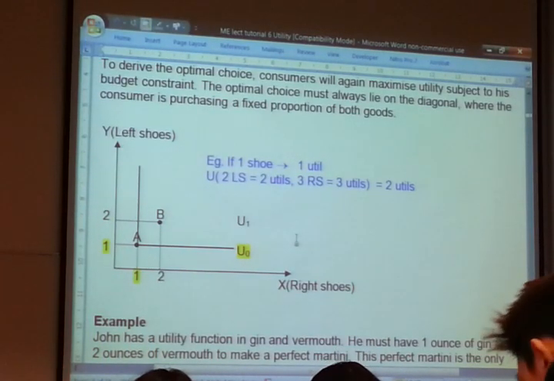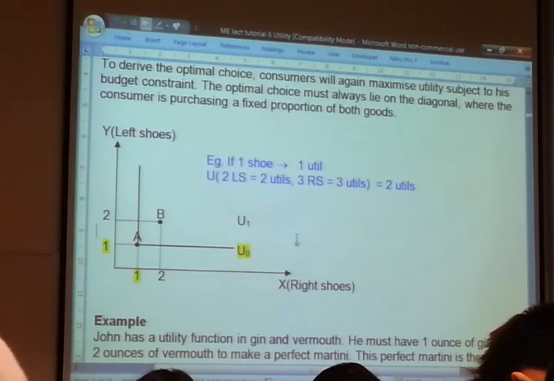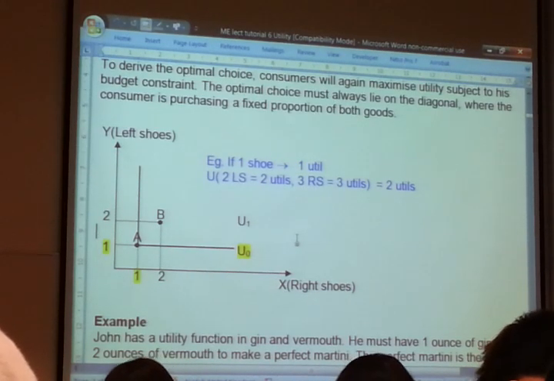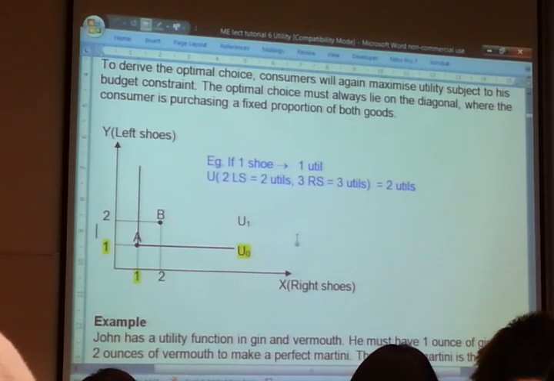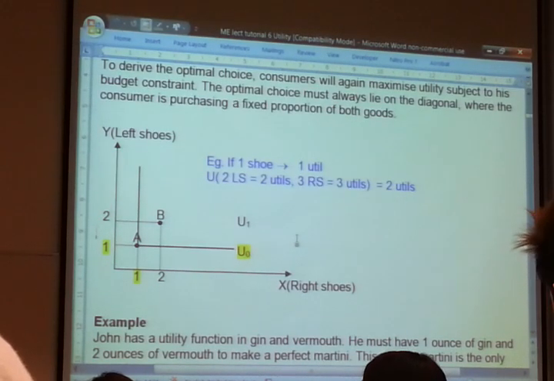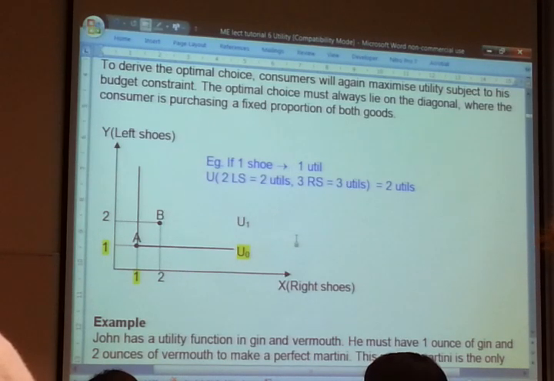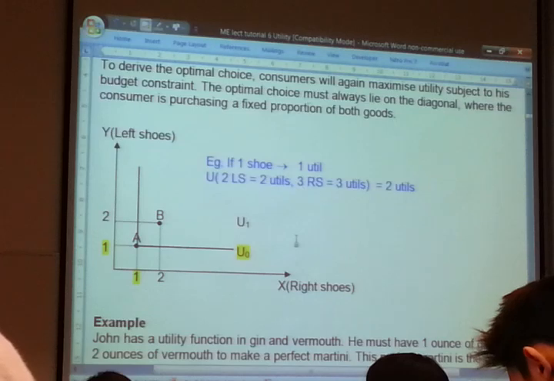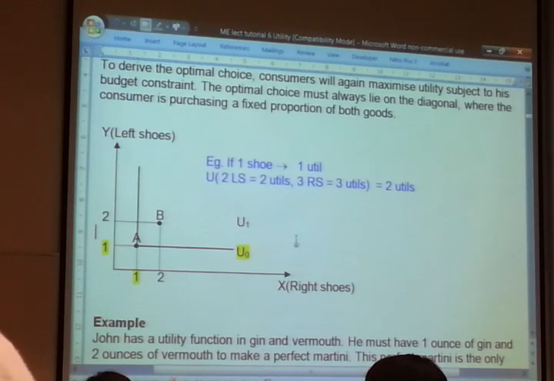Now, in the same manner, why is this vertical? X equal 1. When x is equal to 1, if I increase my left shoe to 1, that will be fine. 1 to 1 will give me U naught. Now, when my x equal 1, do you think if I increase my y to 2, my utility rises? Still U naught.